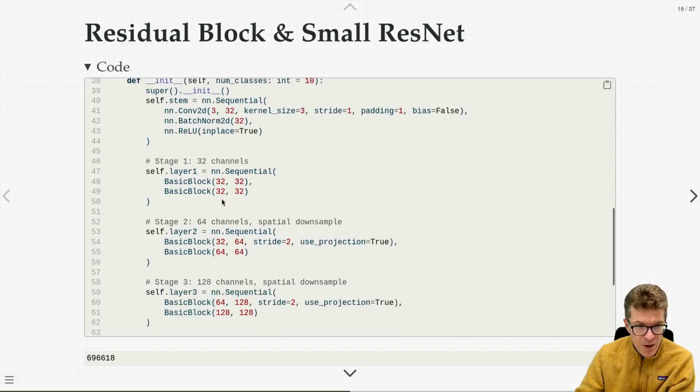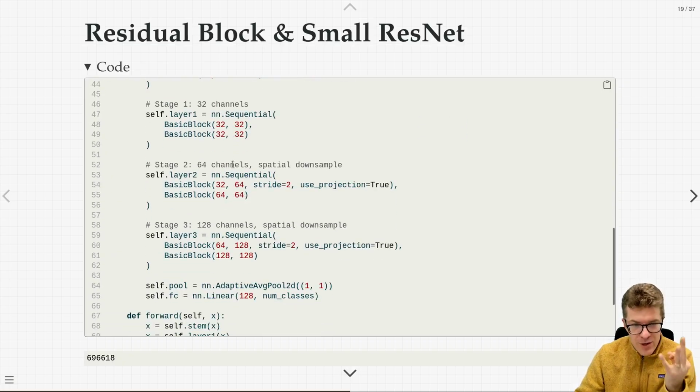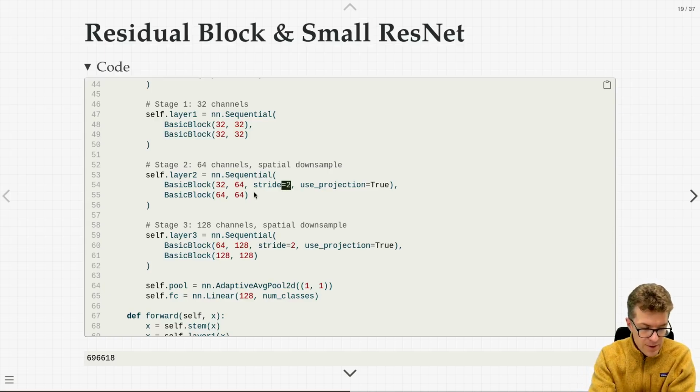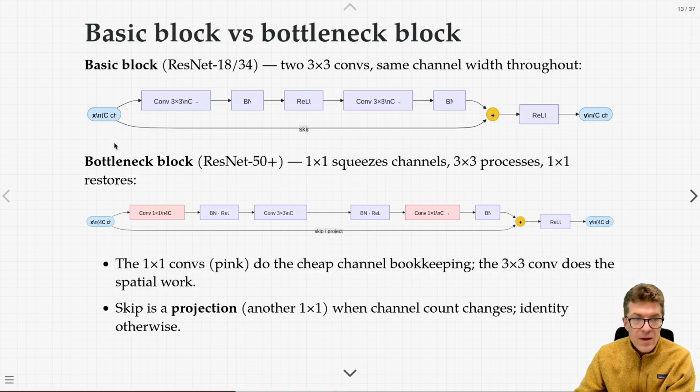I have my batch norm and ReLU, but here's where I go through the three stages I mentioned a moment ago. I have my 32 by 32 blocks. This goes to 64 by 64, which goes to 128 by 128 through these pairs of blocks. I have a stride, and I will solve that with these, what do you call them, the bottleneck blocks, which are implemented here and here.